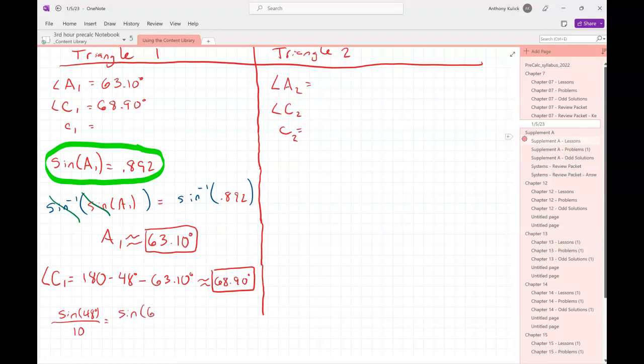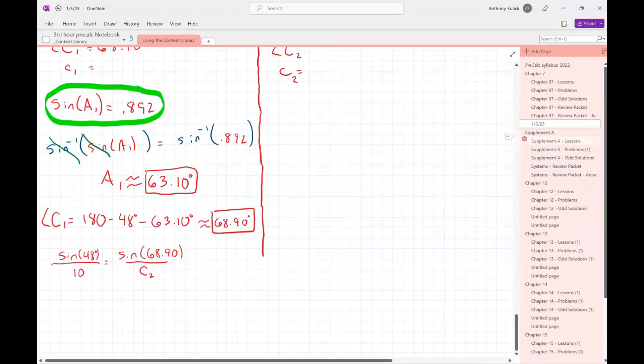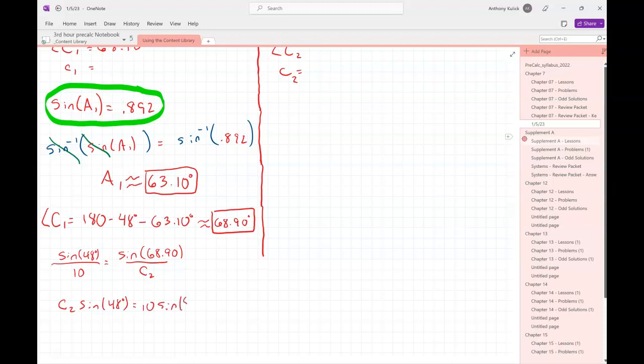Since I know angle C, I can use sine B over B to find side C. So just like a problem from before, cross multiply and then divide by sine 48.